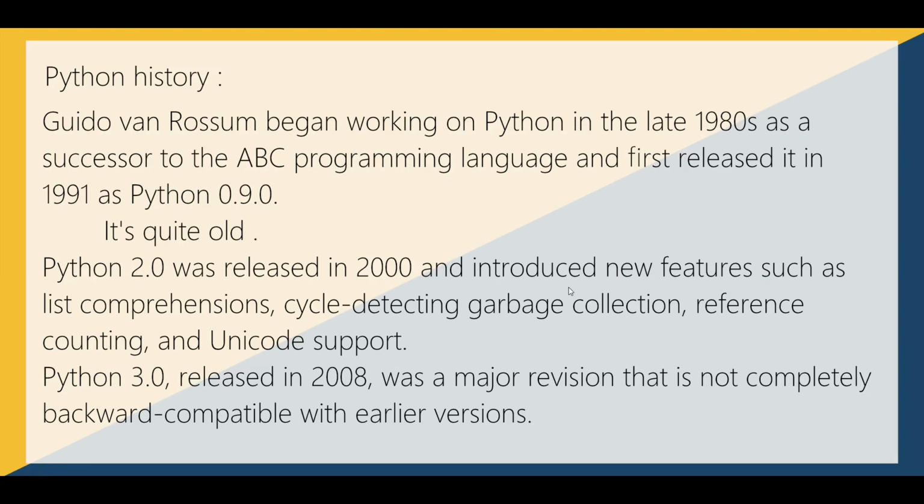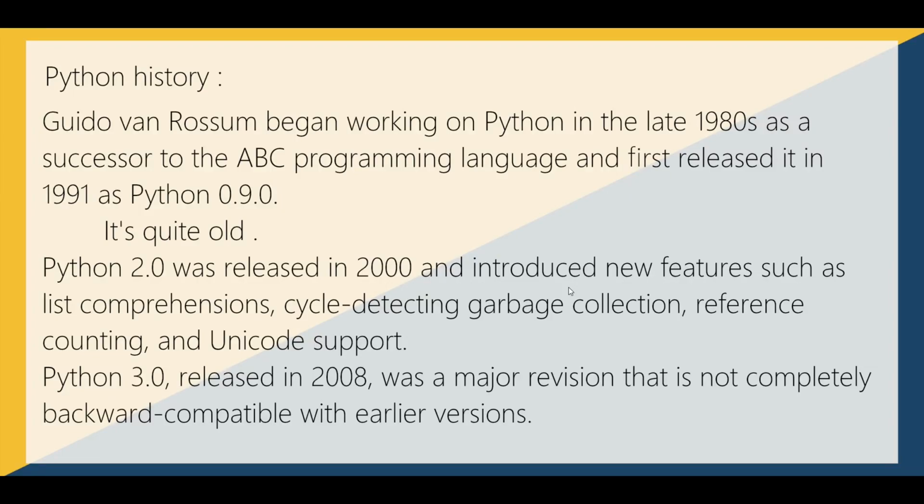Okay. So after Python 0.9 was released, Python 2.0 was released in the year 2000 and introduced a few features such as list comprehension, cycle-detecting garbage collection, reference counting, and Unicode support. Python 3, released in 2008, was a major revision that is not completely backward compatible with earlier versions. What does that mean? It means that Python 3 is not compatible with Python 2 and Python 0.